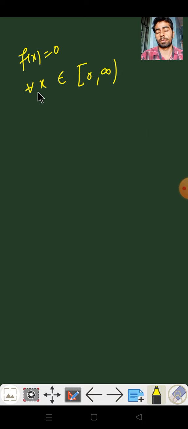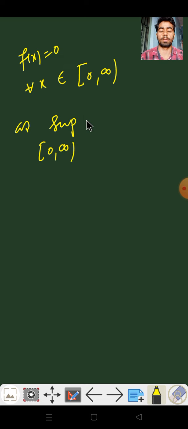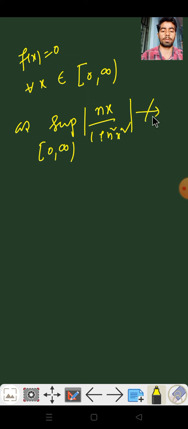So f_n(x) tends to 0 for all x belonging to this interval, but the supremum is equal to half, and therefore the supremum over 0 to infinity of modulus of nx divided by 1 plus n square x square does not tend to 0.